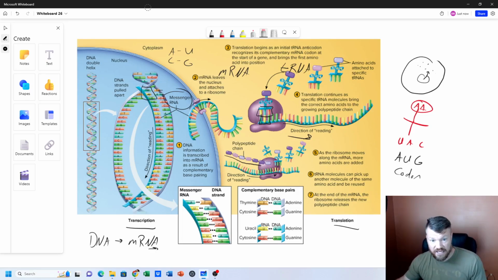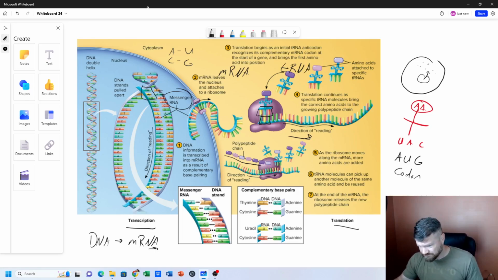So you take DNA, you turn it into messenger RNA, that's transcription, and then translation. If I talk about transcription as being the same language, in translation you're turning it into a different language, right? So in translation, you're going from the language of nucleotides to the language of amino acids. So from DNA to messenger RNA, and then from messenger RNA to a chain of amino acids or proteins.